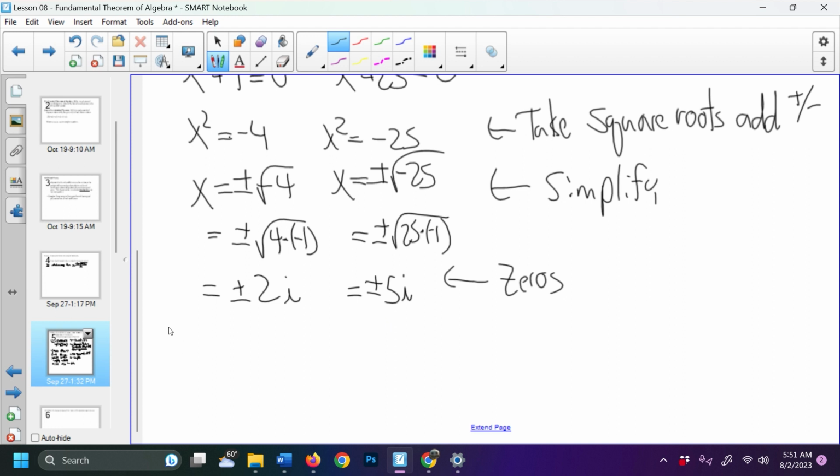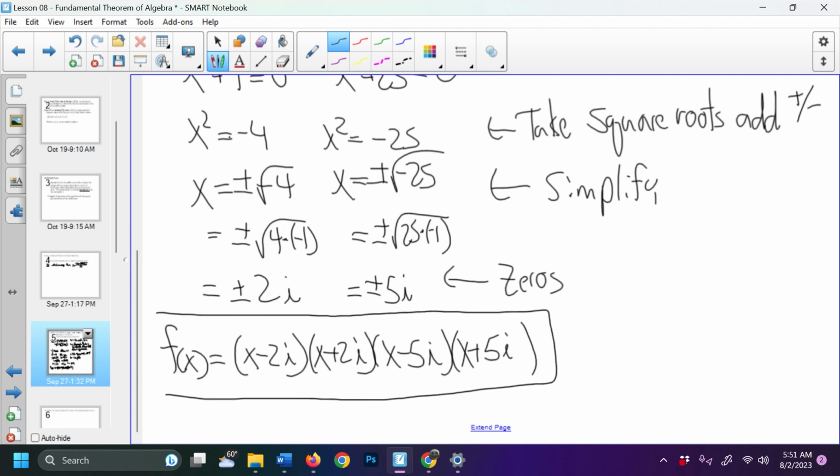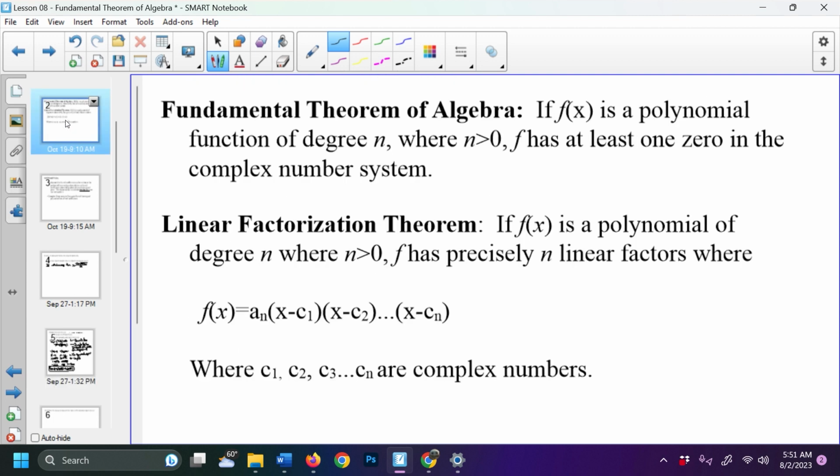But the product of linear factors, we could say that f of x, we're going to make factors out of each of these, and we'll have x minus 2i, x plus 2i, x minus 5i, and x plus 5i. And again, this meets the fundamental theorem of algebra.